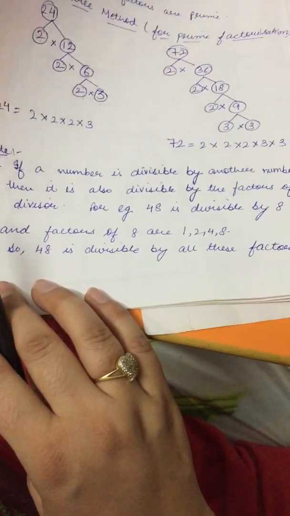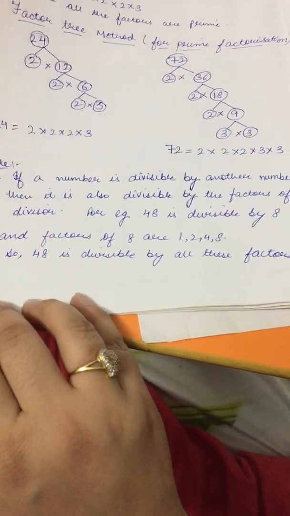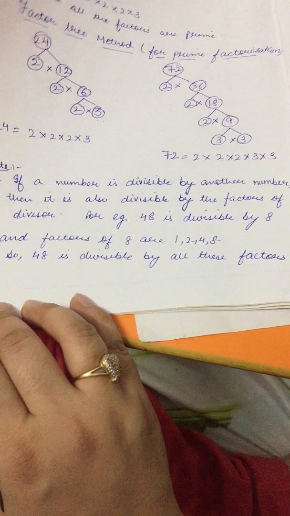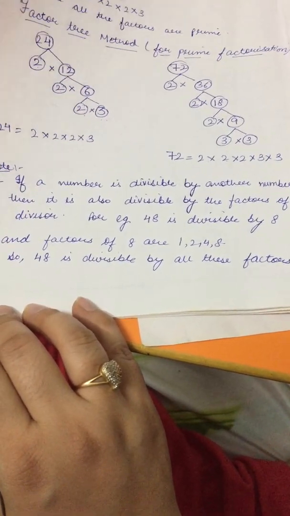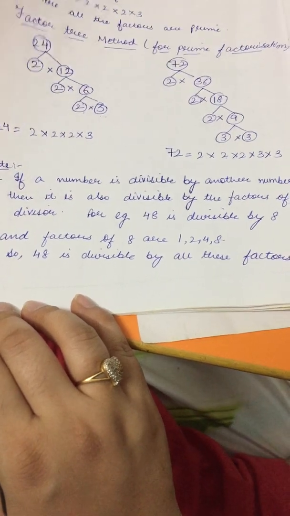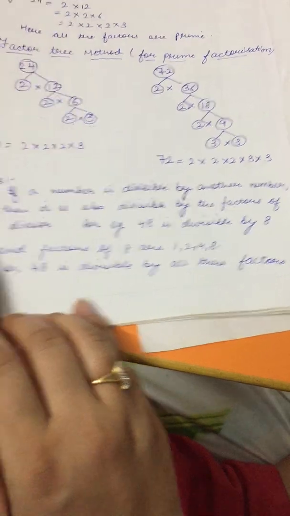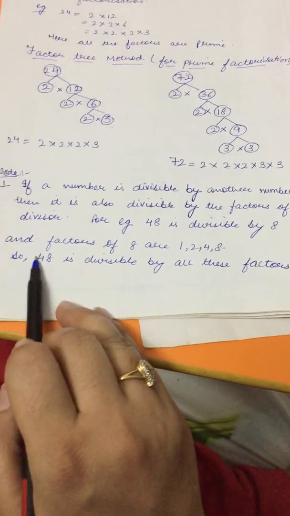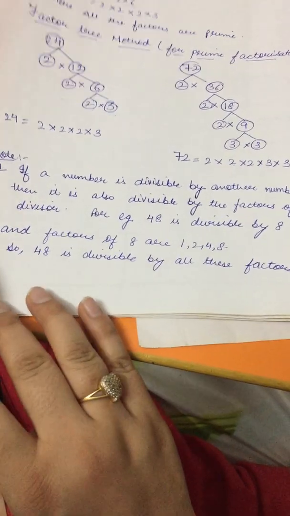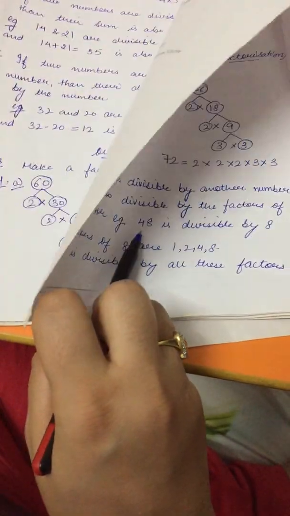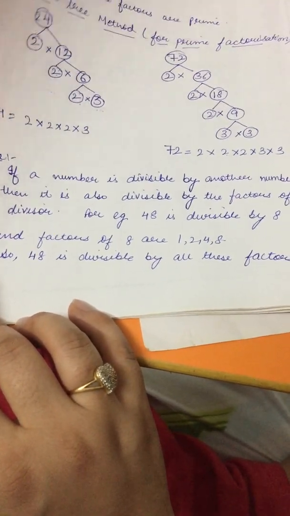Next, there are some points that you should note. The first one is, if a number is divisible by another number, then it is also divisible by the factors of the divisor. For example, let us take the example, then it will be more clear. If 48 is divisible by 8, and we know factors of 8 are 1, 2, 4 and 8.